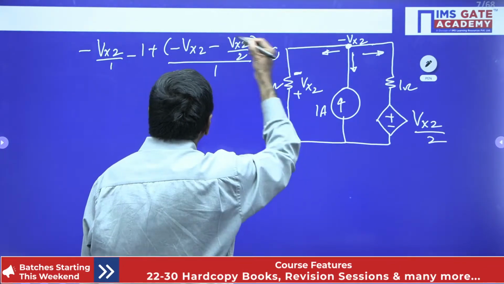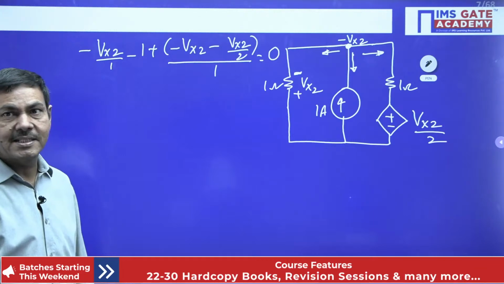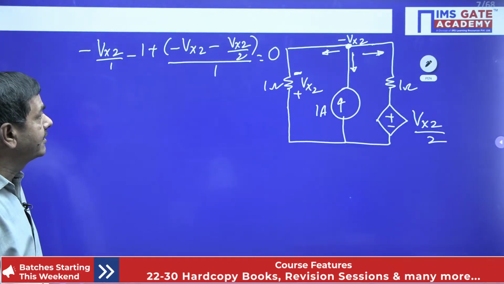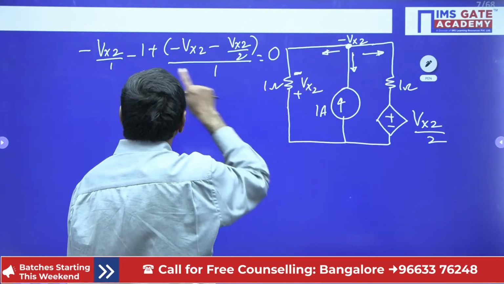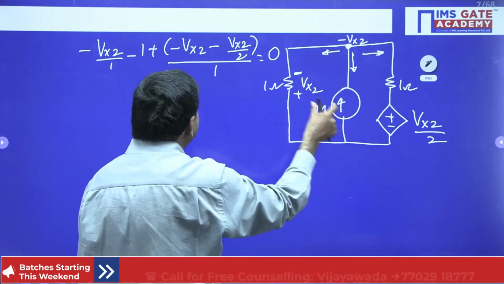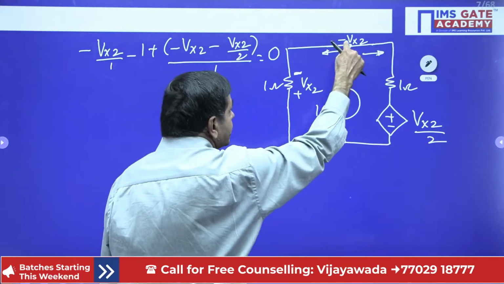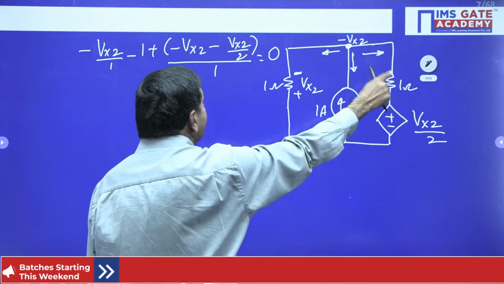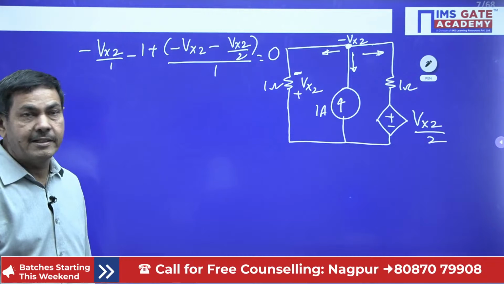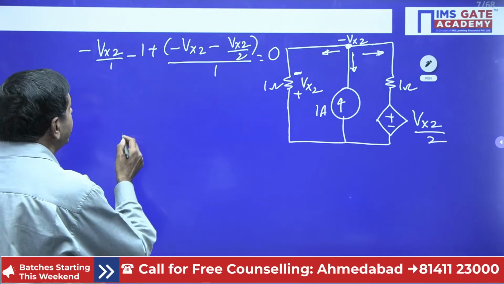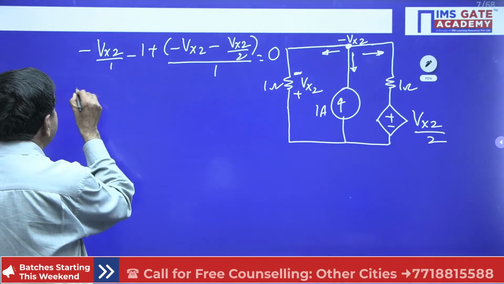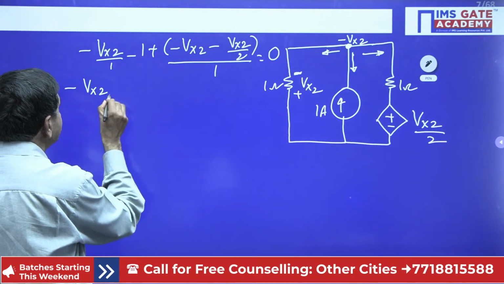Summation of all these currents equal to 0. Such a way I can form an equation. Catch my point. This current is minus Vx2 by 1. Yes, I have taken. This current is minus 1. This current is minus Vx2 by 2 divided by 1 only now. That way we have taken. Simplify and find Vx2 only now. How can we simplify? Here minus Vx2 I got, that I can put as is.